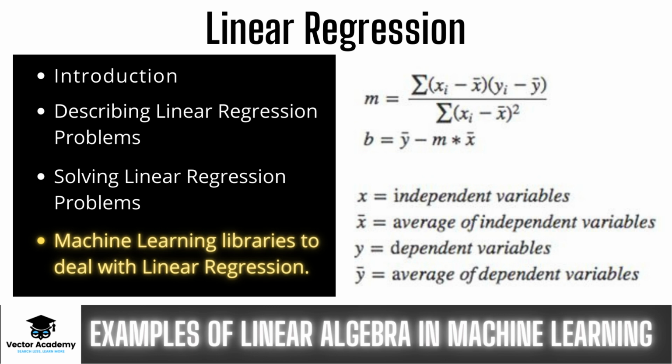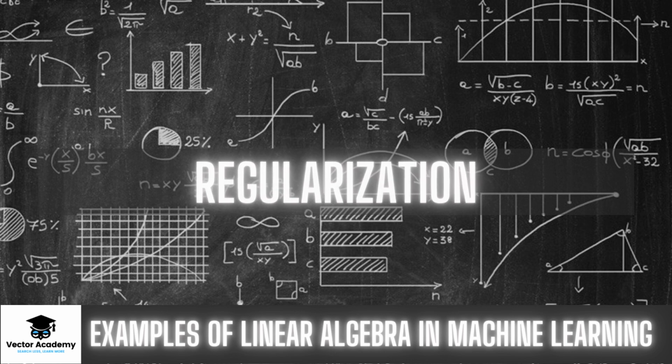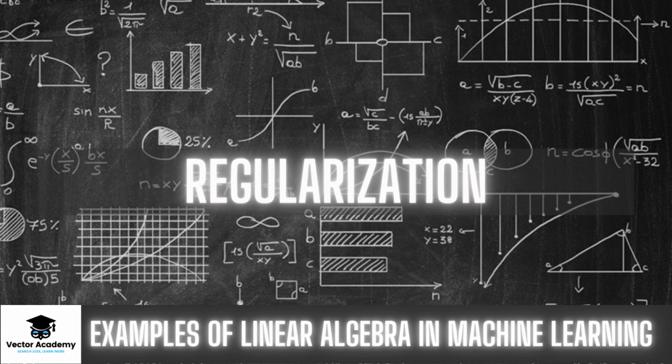If you have used a machine learning tool or library, the most common way of solving linear regression is via a least squares optimization that is solved using matrix factorization methods from linear regression, such as an LU decomposition or a singular value decomposition or SVD. Regularization.